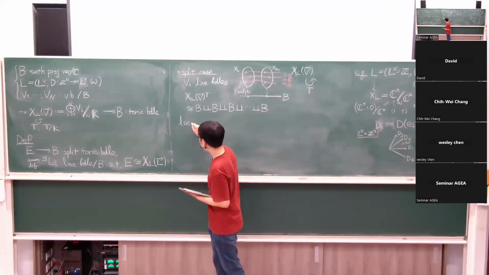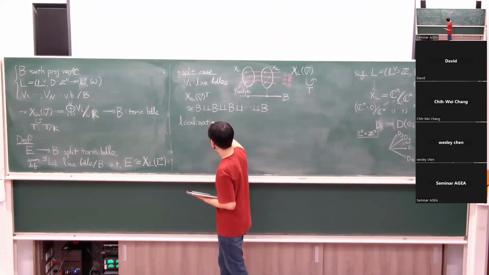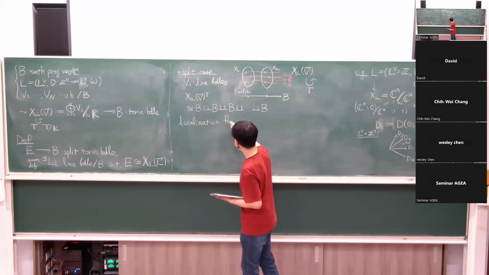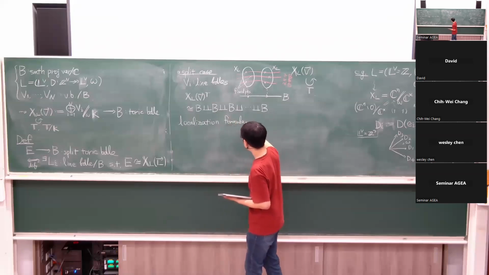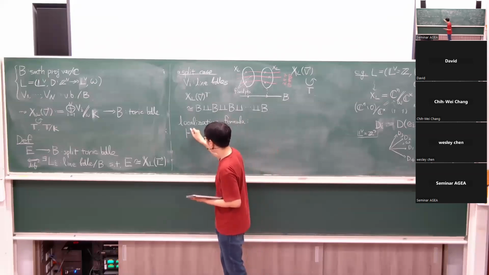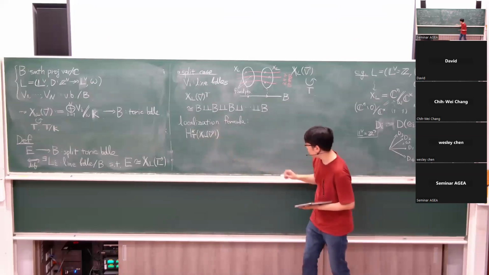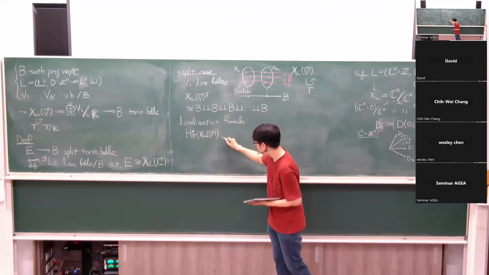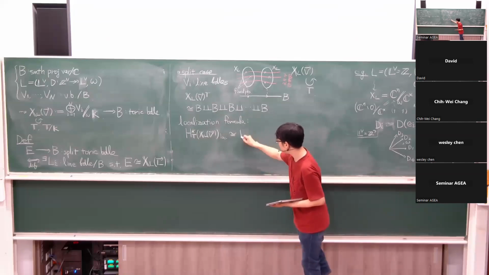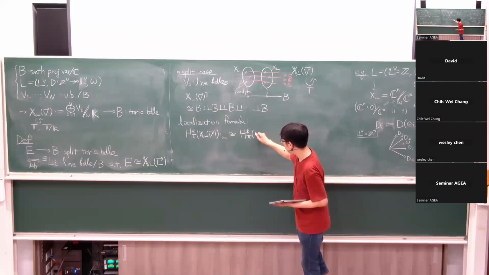A classical localization formula for equivariant cohomology says that the equivariant cohomology of the total space is isomorphic to a direct sum of the equivariant cohomology of the base space, after taking a localization.